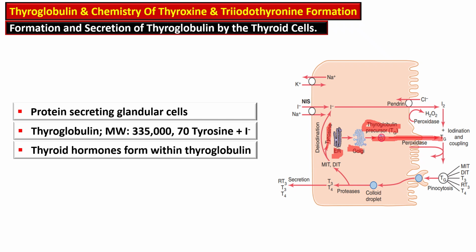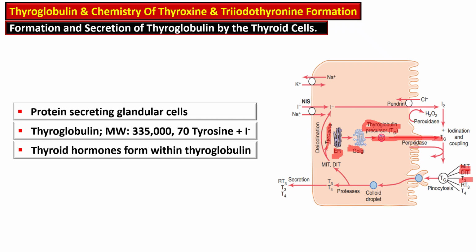The tyrosine residues in the thyroglobulin are then iodinated to form monoiodotyrosine, diiodotyrosine, and triiodotyrosine, MIT, DIT, and TIT.